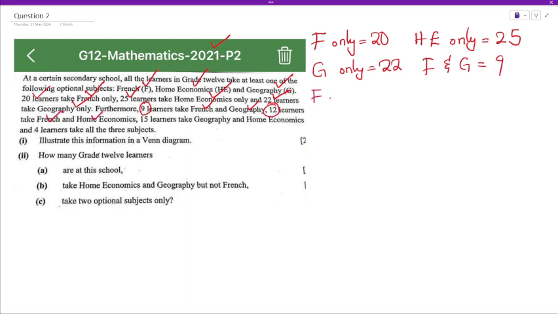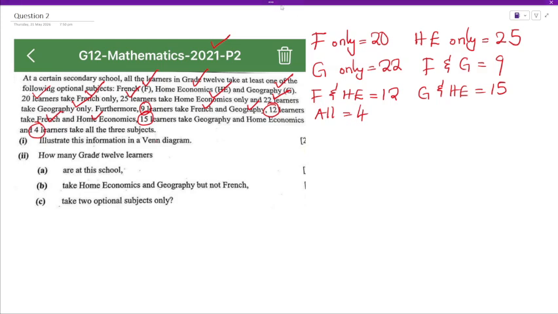So French and HE, we have 12 learners. 15 learners take geography and home economics. 15. Okay, and then 4 learners take all 3 subjects. So all 3, we have 4 learners. Illustrate the information in a Venn diagram.